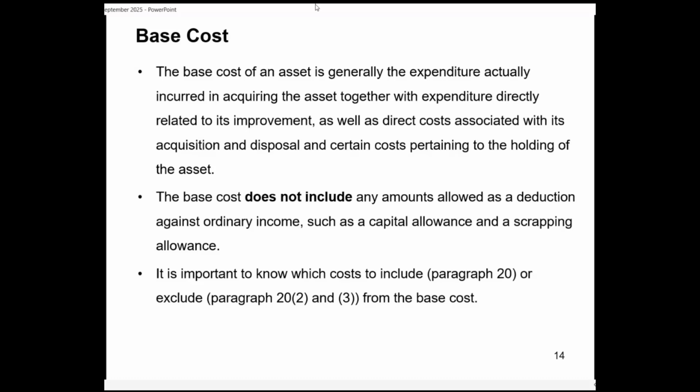It's important to know the costs which are included in the base cost in terms of paragraph 20, or excluded from the base cost in terms of paragraphs 22 and 23. So at the third year level, you need to know how to calculate the base cost, the inclusions in terms of paragraph 20 and the exclusions in terms of paragraphs 22 and 23.